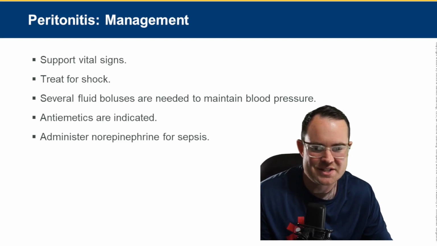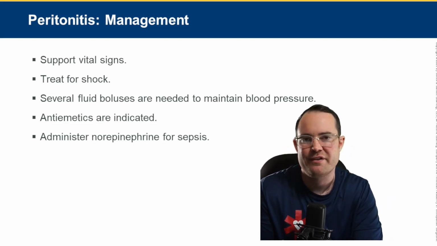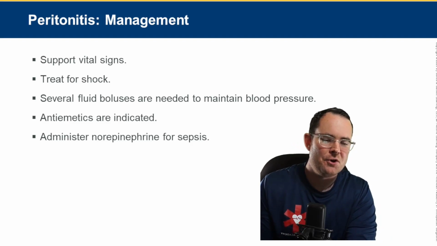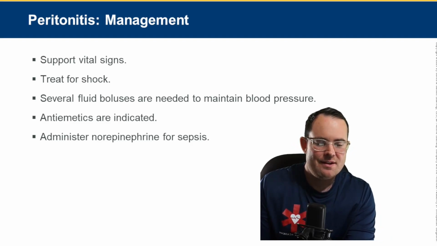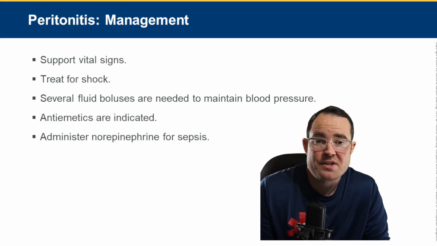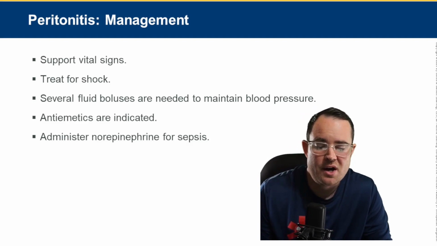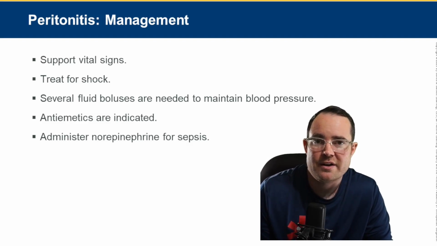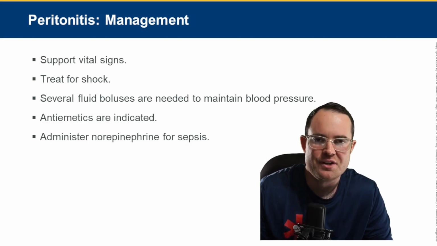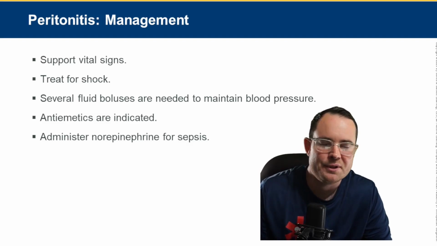Another interesting thing here, it says administer norepinephrine for sepsis. That's interesting because there are several different pressors out there, but understand the mechanism of this shock. Septic shock causes widespread vasodilation, thus decreasing cardiac output.